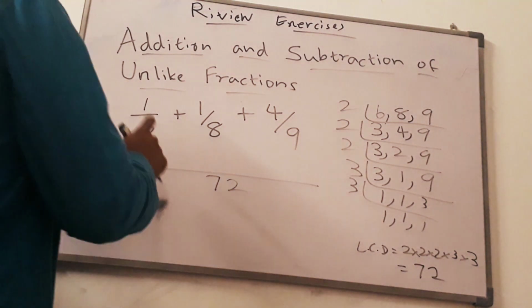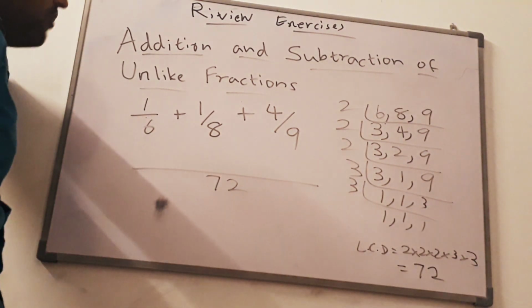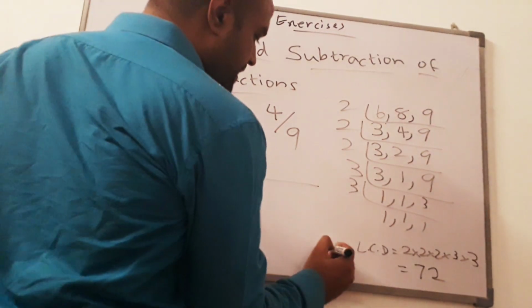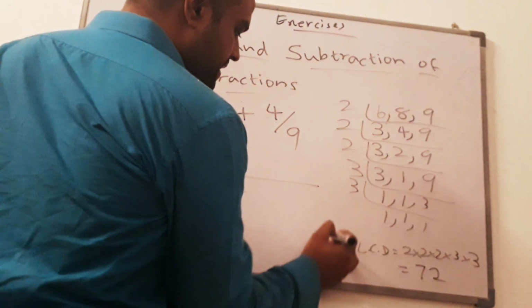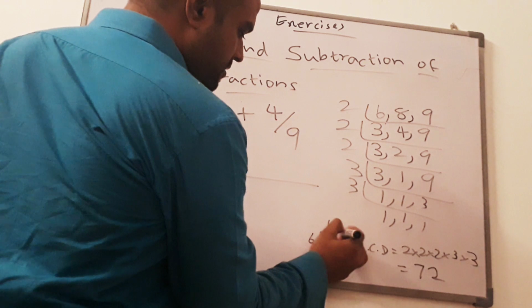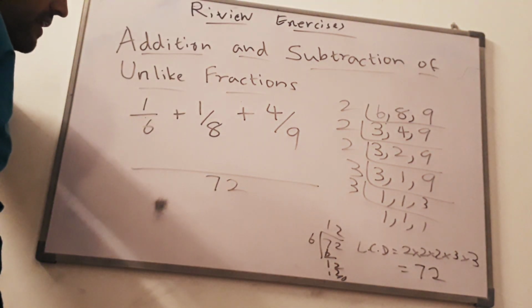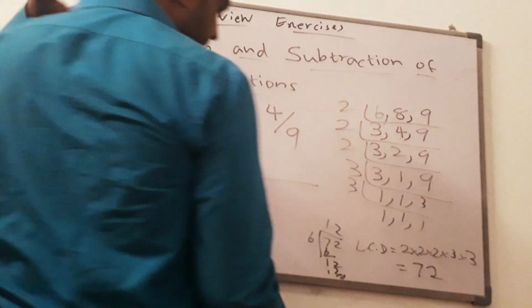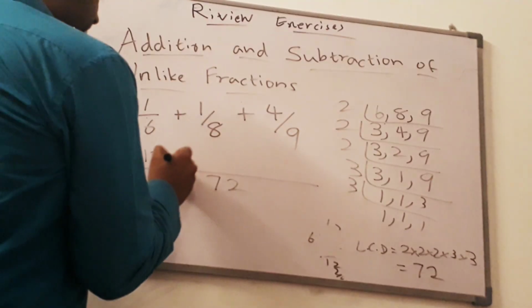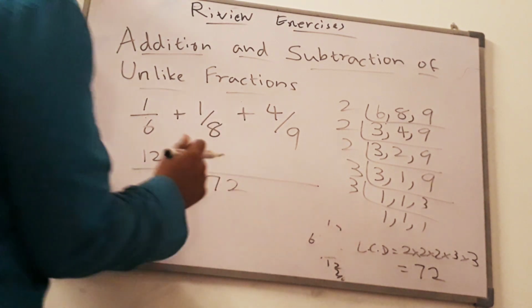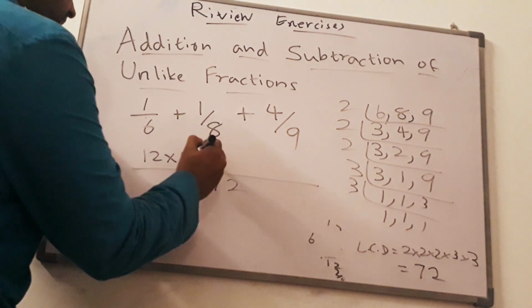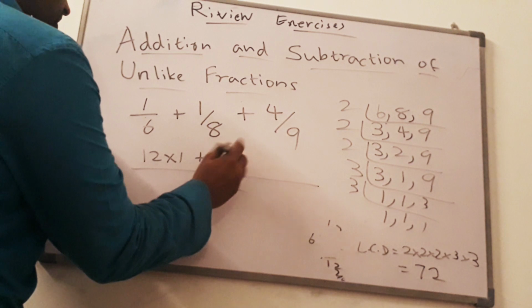Now we have to check how many 6's are there in 72. If we divide 72 by 6, there are 12 6's. So it will be 12 times 1. Then we have to check how many 8's are there in 72. There are 9 8's. 8 times table, it is 9 8's.